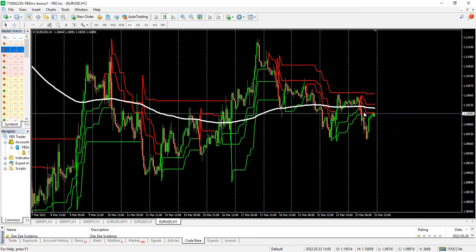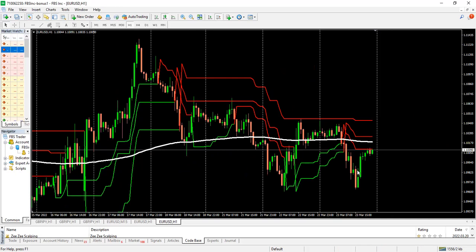Let me zoom in. If you look at it this way, when the candlesticks are in between the 3 super trend indicators, it means that I will not enter any trade according to this strategy. I will wait until the candlestick breaks out from in between the super trend indicators, either upward or downward.